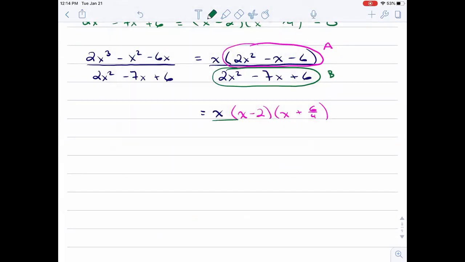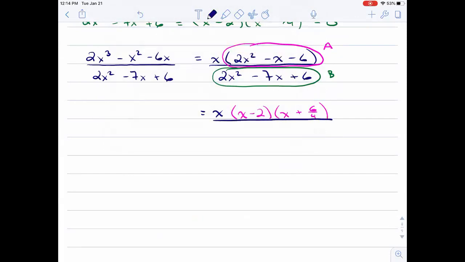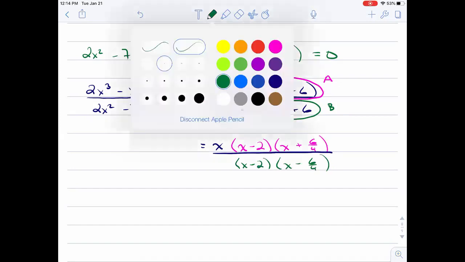And then that's over b, which we just decided we can write as x minus 2 times x minus 6 over 4. It's not a lot better, but it's a little bit better, because now we're multiplying all the way across here.